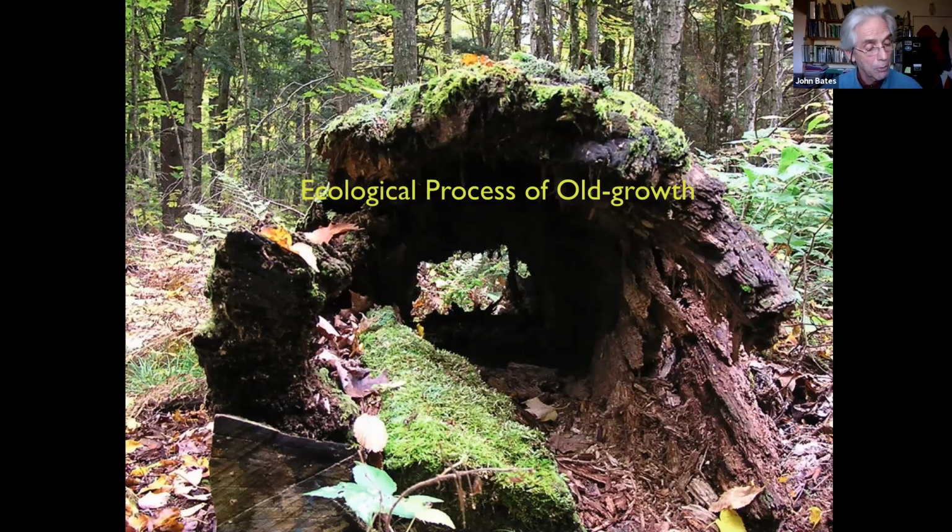I have a little piece in the back of the book, 2 or 3 pages to give people an idea, if they own property, of what they could do to enhance old growth more rapidly, potentially, than what the natural old might do.